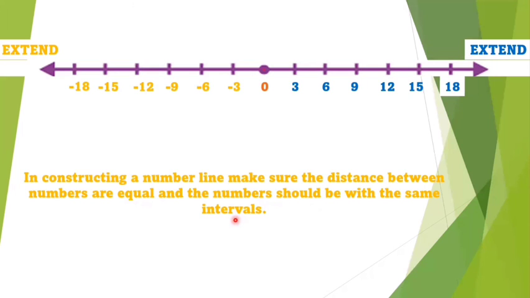At sabi daw, kailangan with the same intervals. Tulad nito, we start with a count of 3. Ang sumunod ay count of 3 pa din. So, dapat pareho ang interval niya. Hindi pwedeng nag-start tayo ng 1 at ang susunod na number ay 3. Hindi pwede yun. It should be on the same intervals.